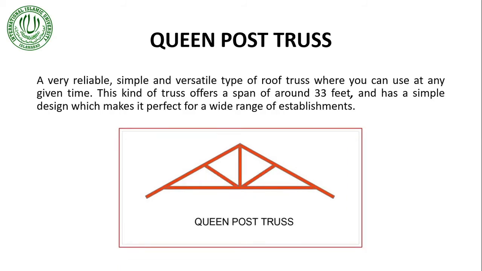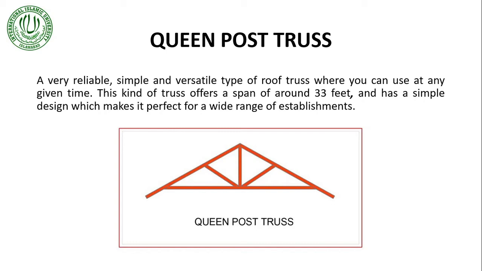Then we have queen post truss. See, queen post truss has two more members. It's a very reliable, simple, and versatile type of roof truss which we can use at any given time. This kind of truss offers a span of 33 feet.